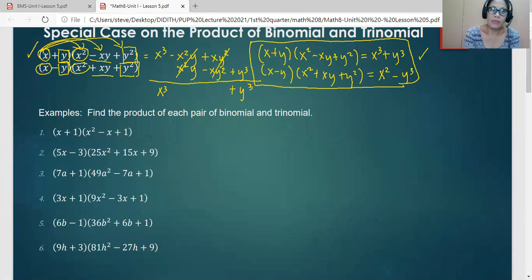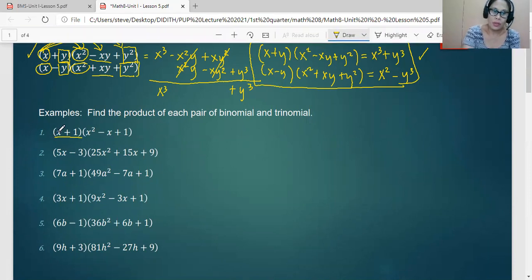So let's check. Now x plus 1, the square of the first term of this binomial factor is the first term of this trinomial factor, while the square of the second term of this binomial factor is the third term of this trinomial factor.